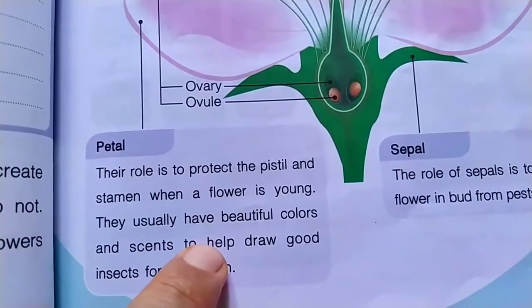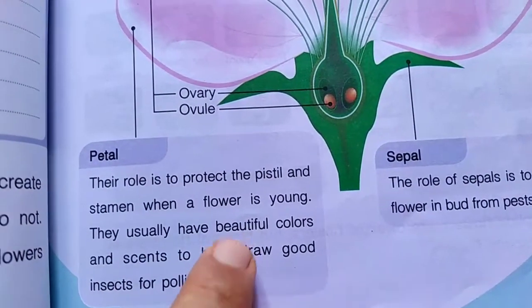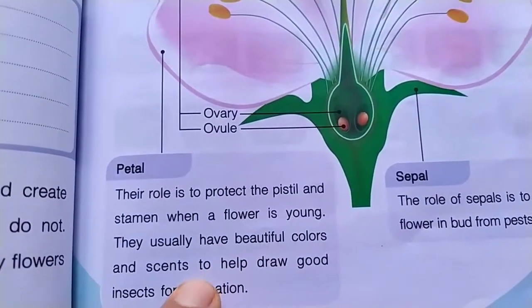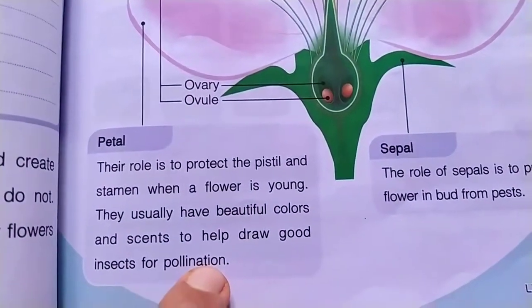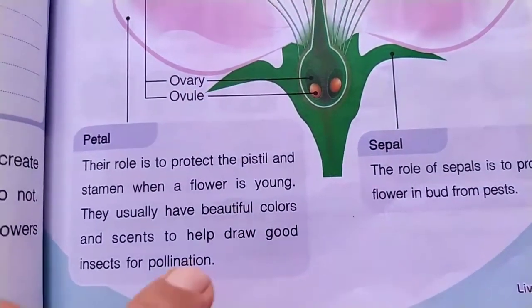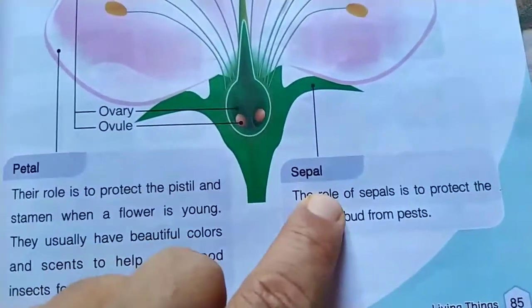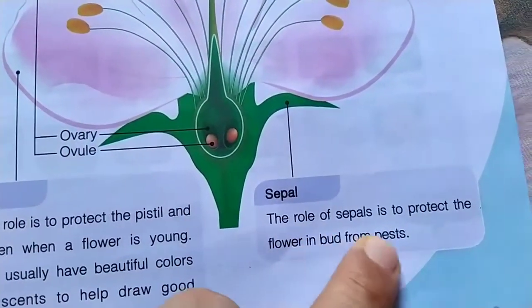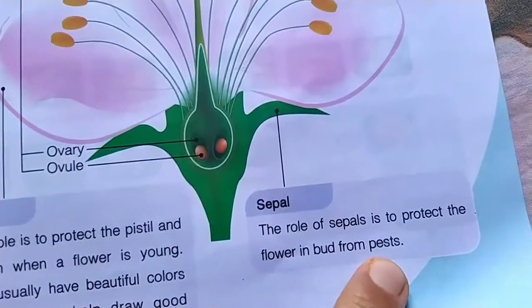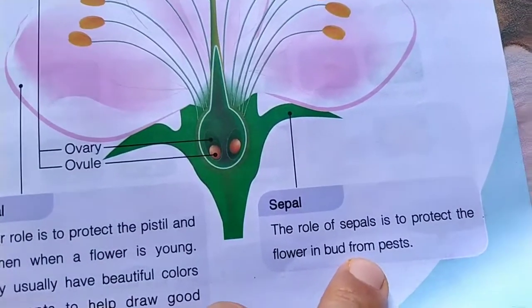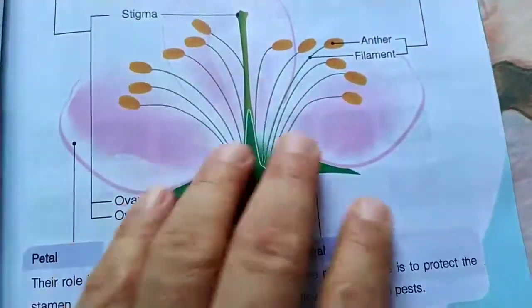They usually have beautiful flowers, colors, and scents to help draw good insects for pollination. They attract insects, right? The sepal is to protect the flower in bud from pests. A lot of pests, they like to smell the flowers.